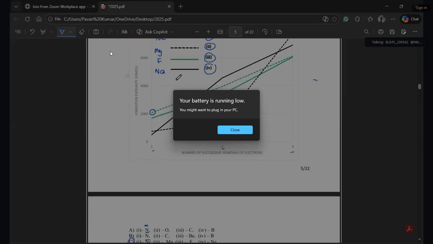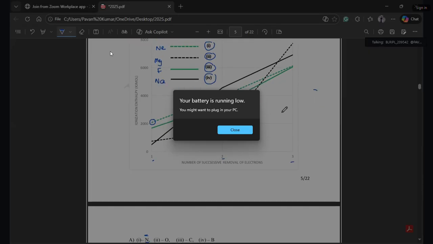Now if you observe, just now I told you, sodium and magnesium, if you compare, magnesium has higher ionization energy than sodium, than aluminum also, correct. So the black line should be down, see, but magnesium should be above this, right? Correct.